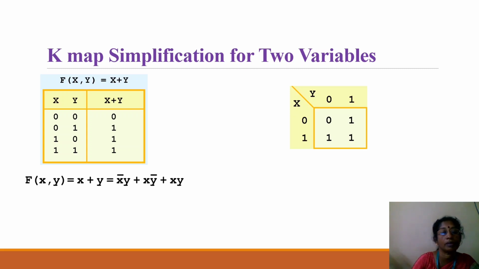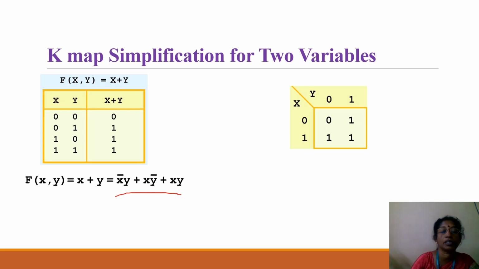So you have the truth table. If you take the function for this, we will be taking only the 1s. So it is x bar y, x y bar plus x y.